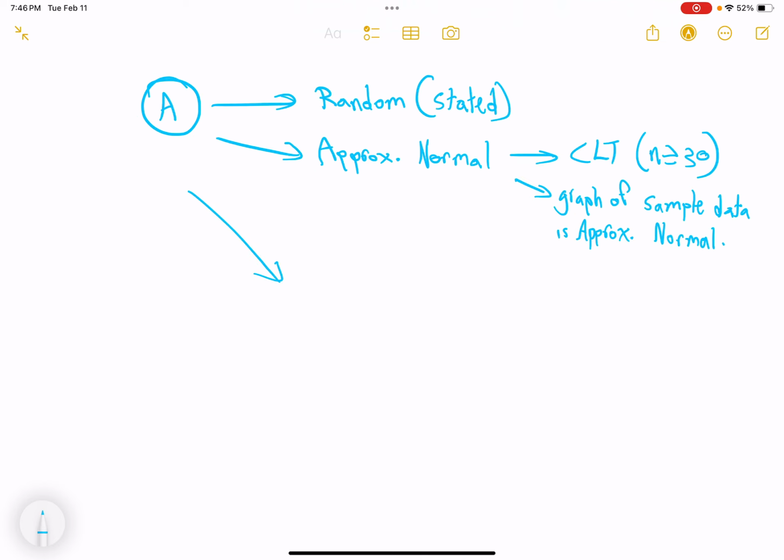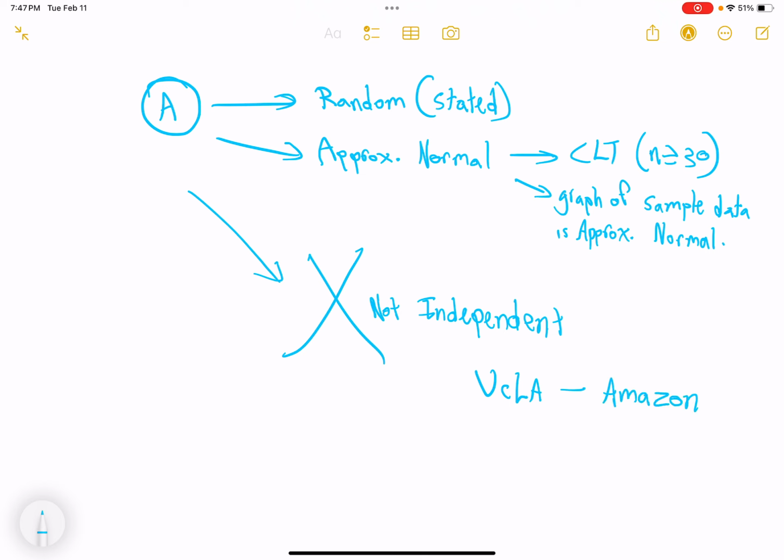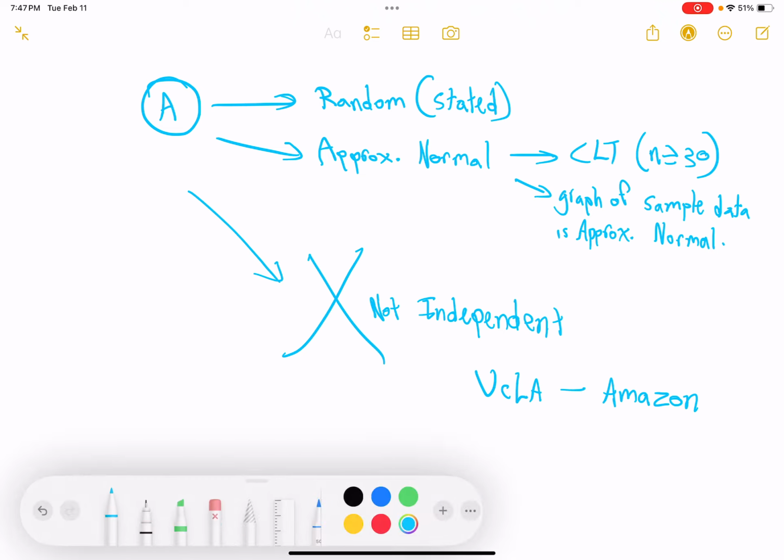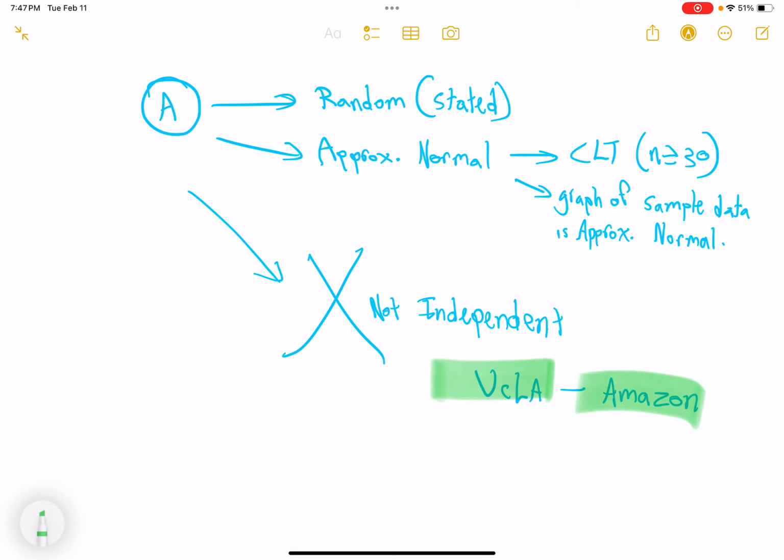You know what we don't need? And you don't need to say anything about it. You can just stop there. It is not independent. Why is it not independent? Well, you already know. We're taking UCLA prices, and we're comparing them directly with Amazon prices. And in any paired t-test, you are directly comparing two entities, one to the other.